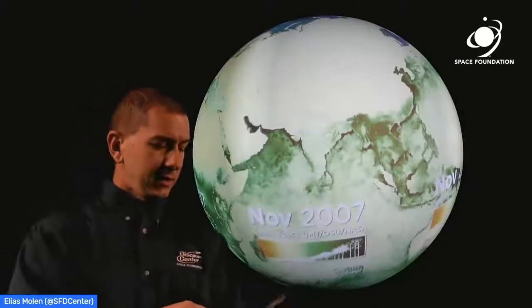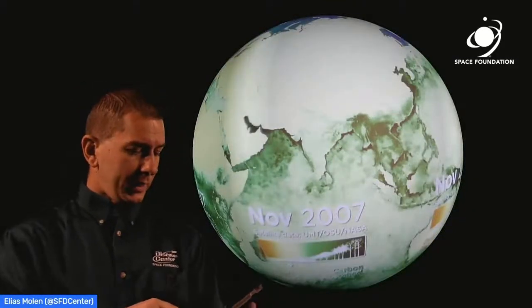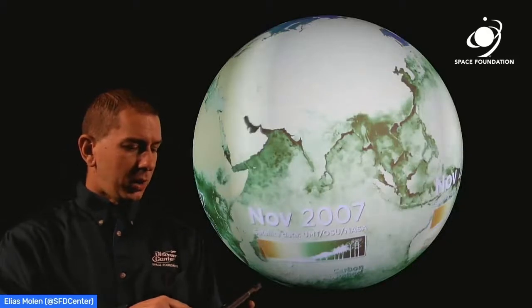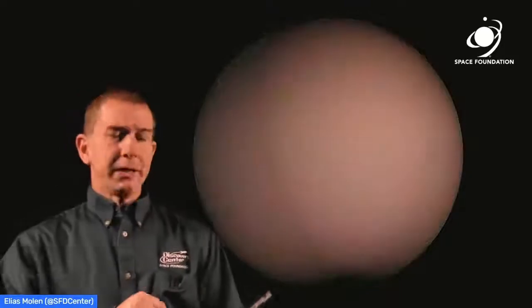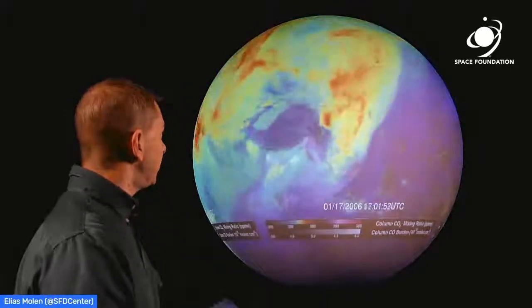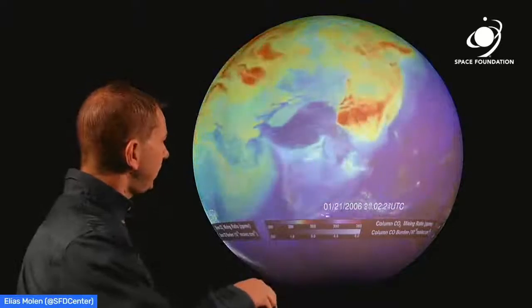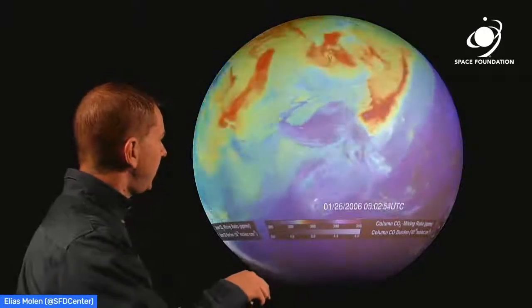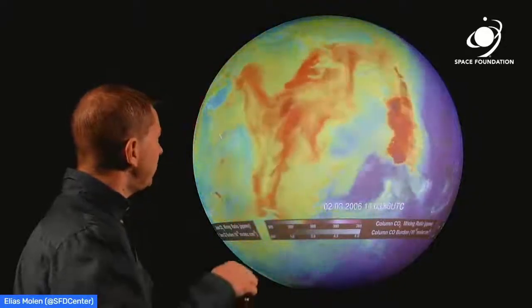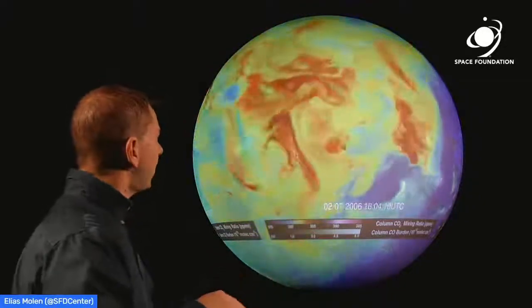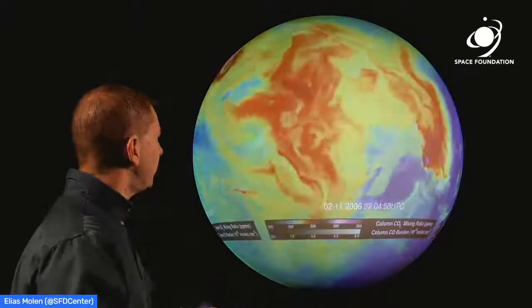We can also see this really well in looking at carbon dioxide. Here is a really interesting model showing the carbon dioxide and carbon monoxide levels in the atmosphere. Now pay attention here below, we see this is January, so this is the winter months. The reds and oranges represent carbon dioxide in the atmosphere, carbon mixing.